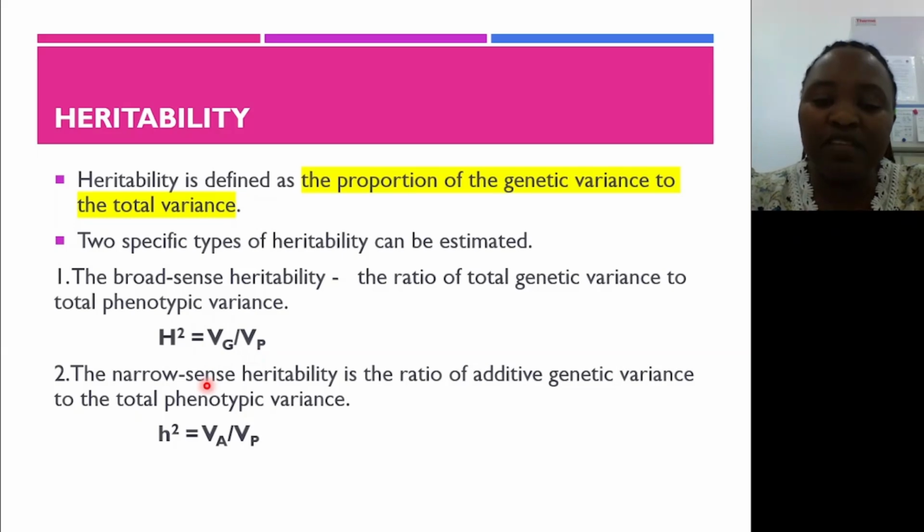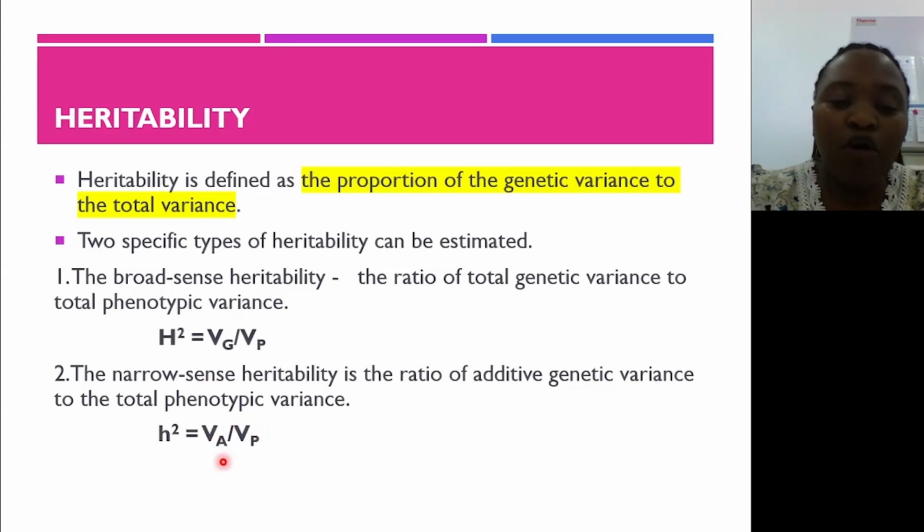But narrow sense heritability is the ratio of the additive genetic variance alone, because this is a component. The VA is a component of VG. That means we are just taking one portion and ignoring the dominance and the interaction variance that is caused by things like epistasis.